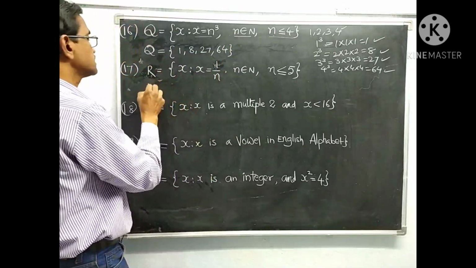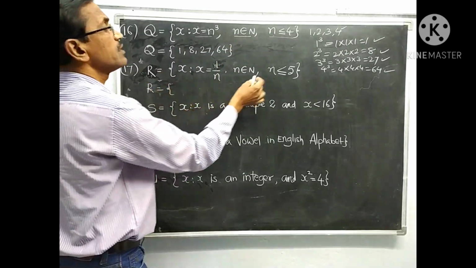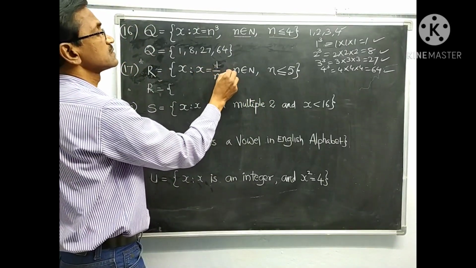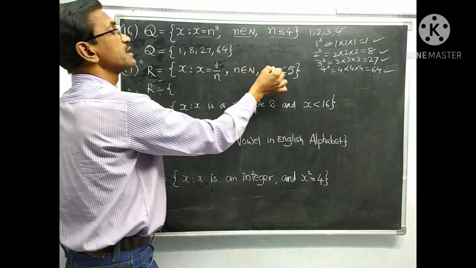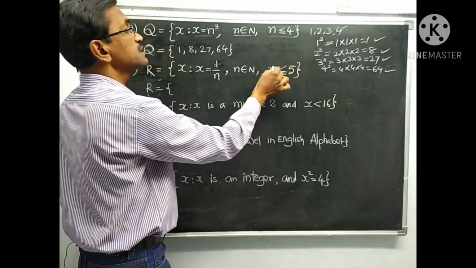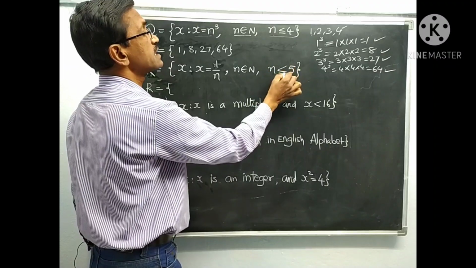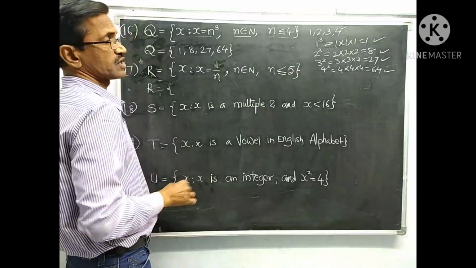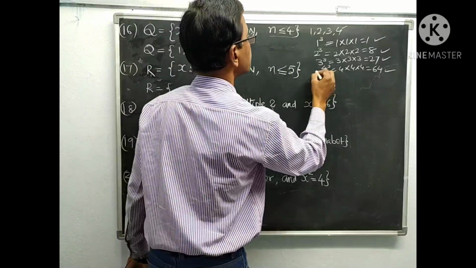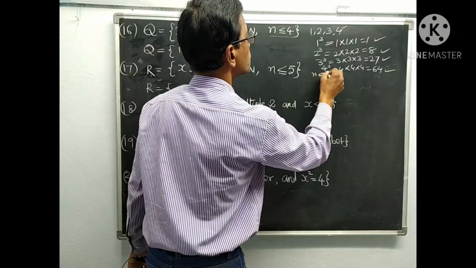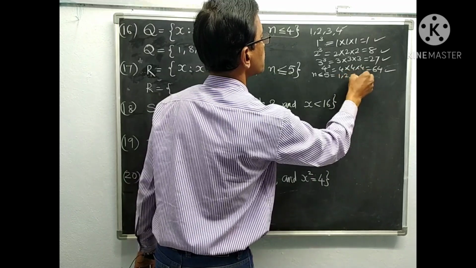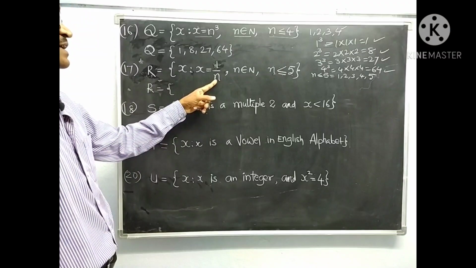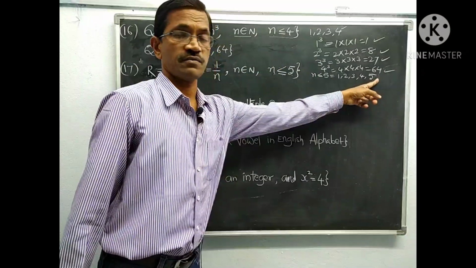Now here in this set we have x such that x is equal to 1 by n, n belongs to N, n less than or equal to 5. N takes the values less than or equal to 5 from the natural number set. What are they? N less than or equal to 5 means 1, 2, 3, 4 and 5.